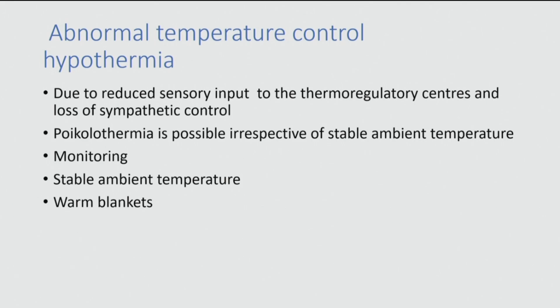So even if you have a stable ambient temperature, the patient can have temperature variation. So you have to monitor, continue maintaining an ambient temperature, and manage with warm blankets or cold compresses.